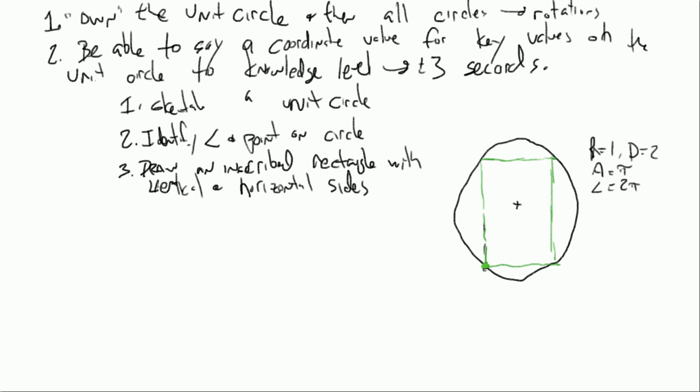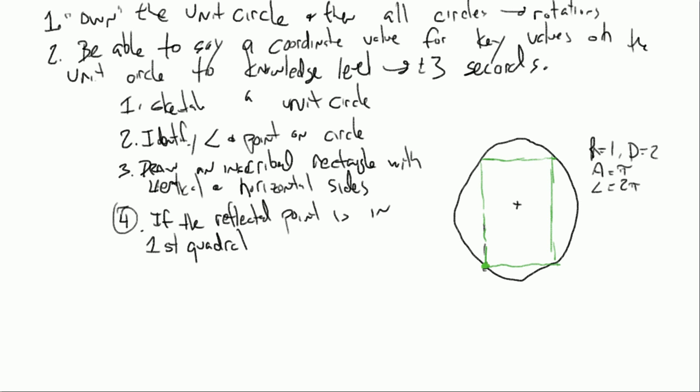Okay, number 4 is a two-step. If the reflected point is in the first quadrant, which it's going to be, from 0 to 45 degrees, just read the values from your 4 points of the circle.